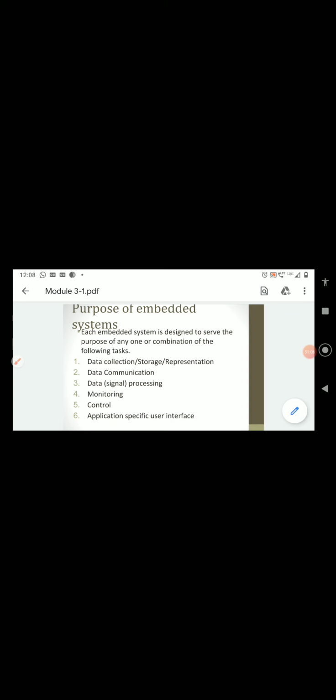We are using these tasks combinedly to serve the purpose. Either we may be using any one specific task, or a combination of these tasks. Now we'll see one by one.